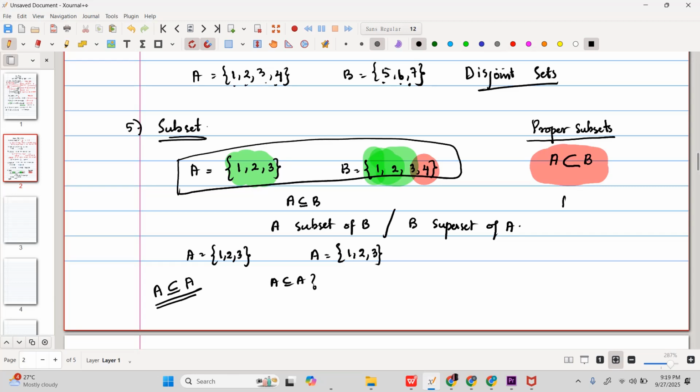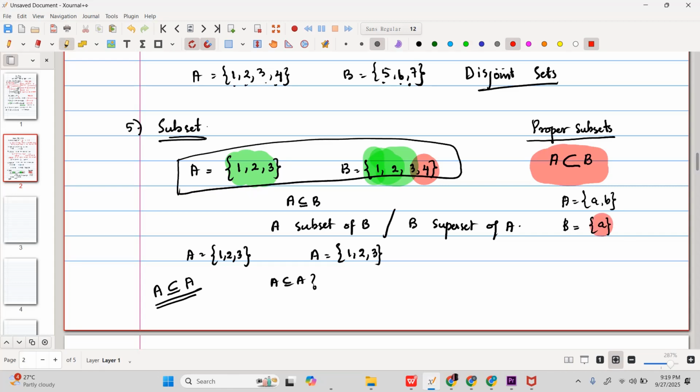If I am taking A is equal to {a, b} and B is equal to {a}, then how can we say the subset definition for these two sets? B's elements belong to A, right?